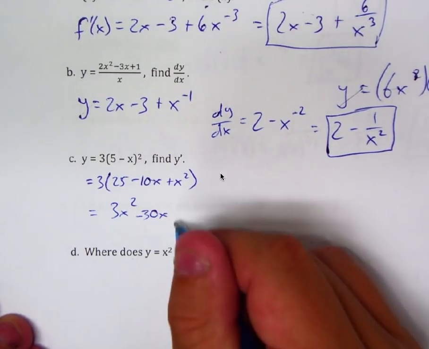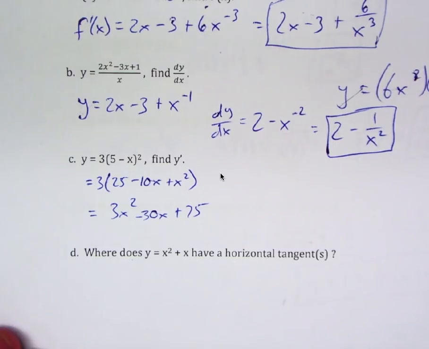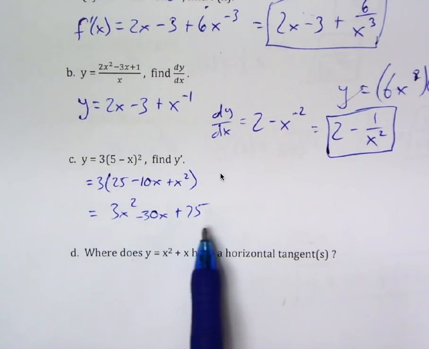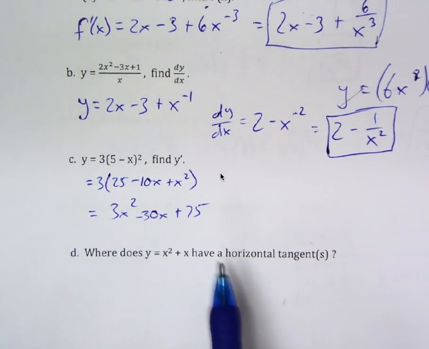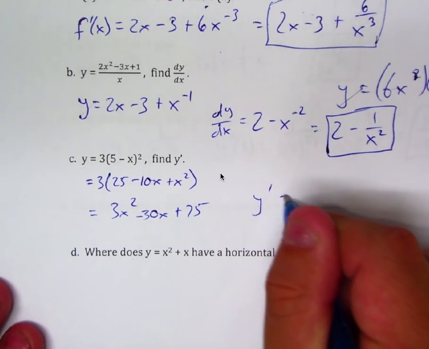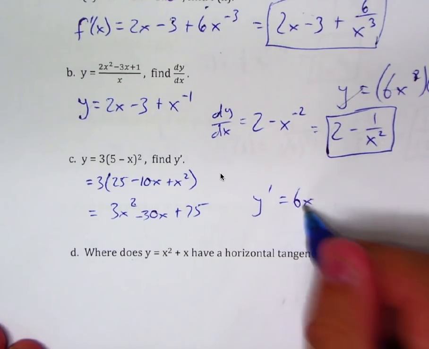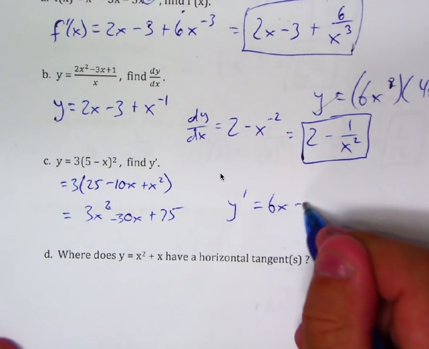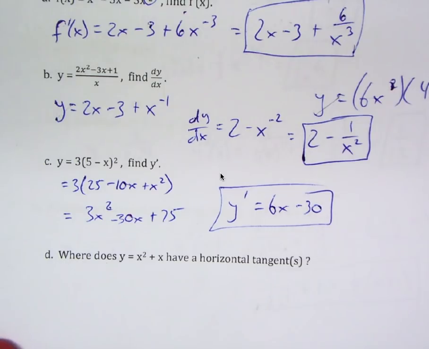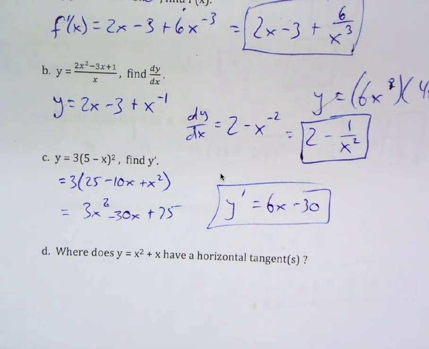And then plus 75. This is y right here. This is the same as the y function. Now we can find y prime. Just differentiate every term. So we're going to get 6x minus 30. Manipulate, manipulate, manipulate.